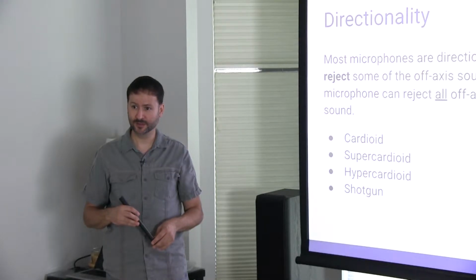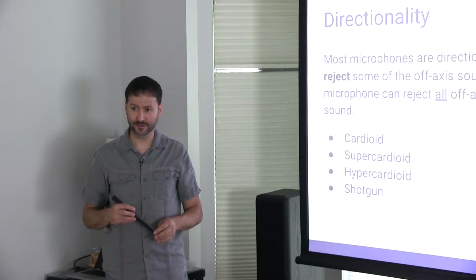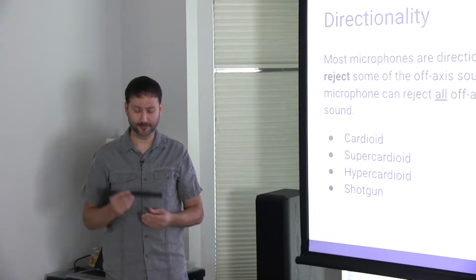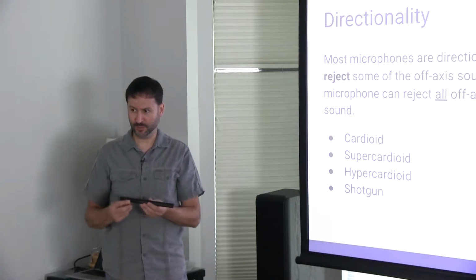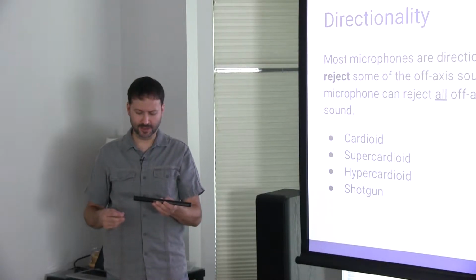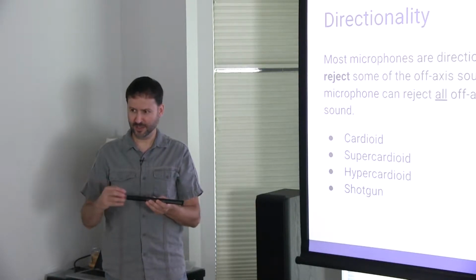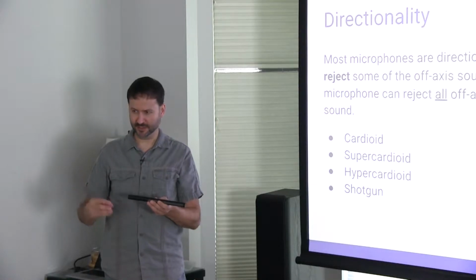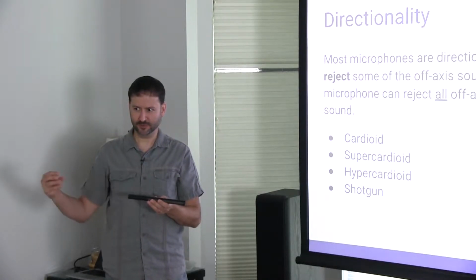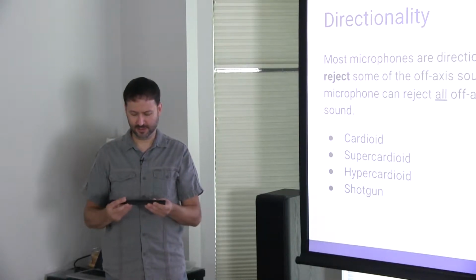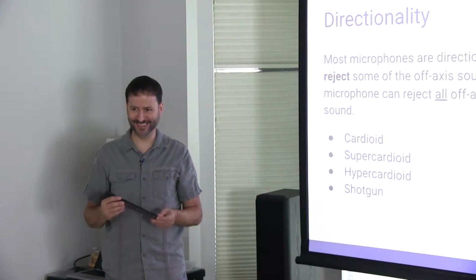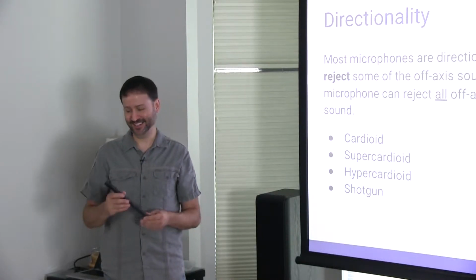Now, correct me if I'm wrong, because I might be wrong here, but I've been told that it rejects off-axis sound except straight out in front of it where you're pointing it and straight behind it. Yep. Shotgun microphones are peculiar in that they have what they call a lobe in their pattern at the rear. So it actually doesn't do very good rejection from behind it. And that's where the planes usually are. Yeah.